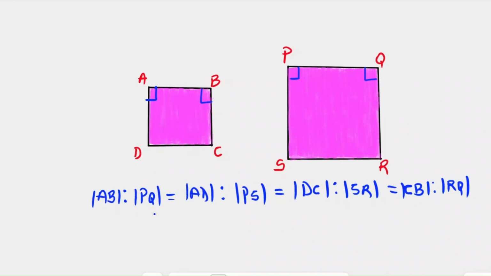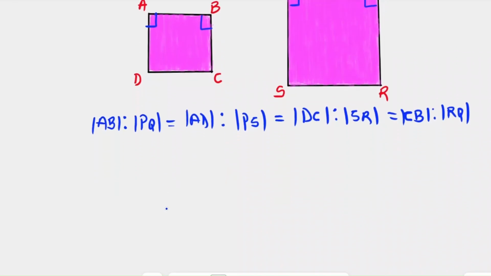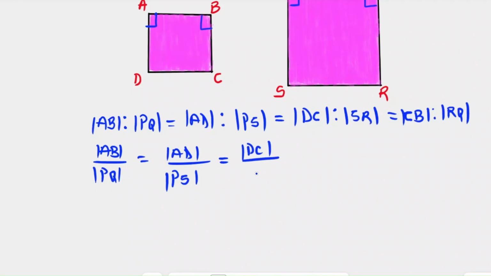Ratios can be written as fractions, so we can rewrite them as fractions like this. We have AB out of PQ, which is equal to AD out of PS, which is also equal to DC out of SR. And finally, it is also equal to CB, or BC, they are the same, out of RQ.